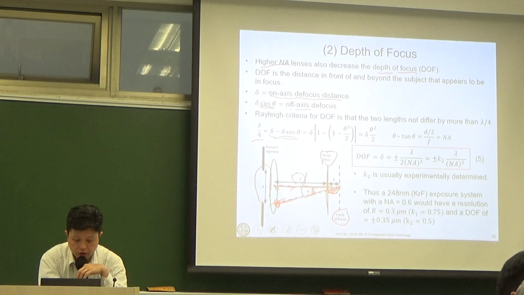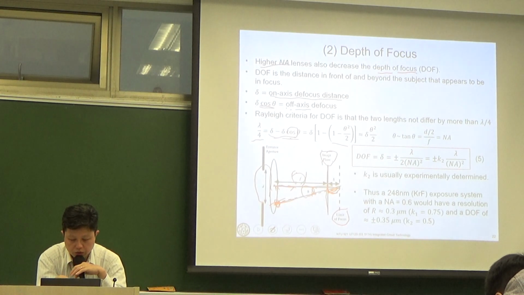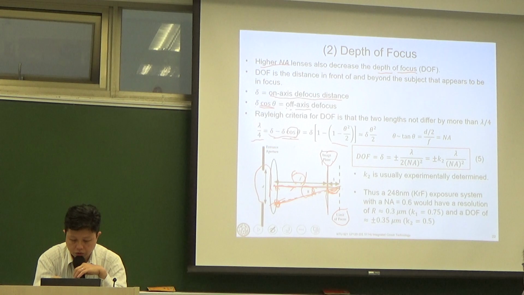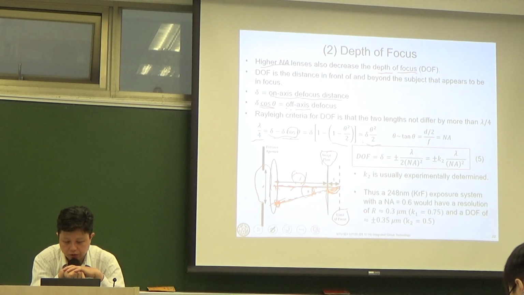We can do some simple math here. If theta is small, which means comparing D and f, we can change cosine theta into 1 minus theta squared over 2. This reduces to delta times theta squared over 2.